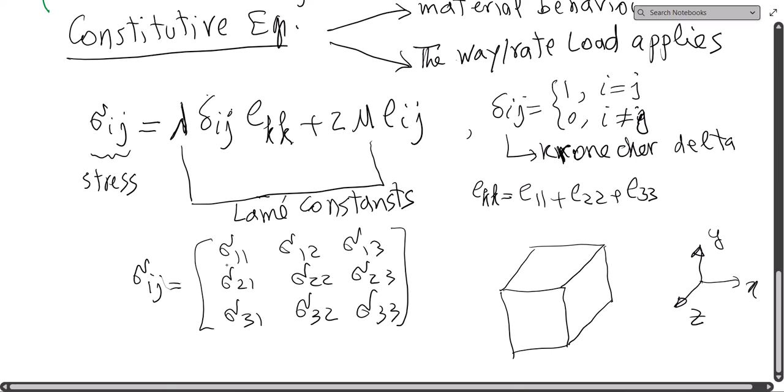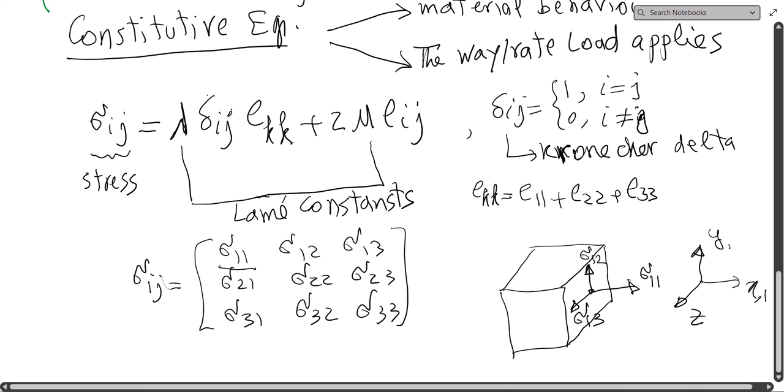So sigma 1,1, which is sigma xx, is the stress which is normal to the face, which is normal to the x-axis and in the direction of the x-axis. Sigma 1,2 is again stress on the same face, but in the direction of y, and sigma 1,3 is the shear stress on the same face in the direction of z.